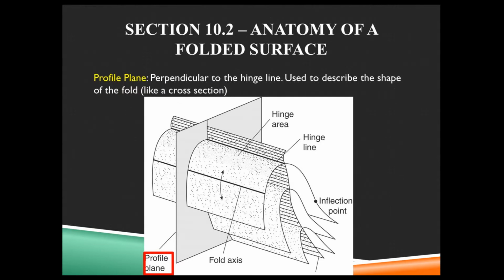And it gives you the cross-sectional shape of your fold. So we have a profile plane drawn right there. However, right at this edge where you see all these lines and labels and so forth, basically there was another profile plane, and we just removed what was in front of it so that you could see this. Now you can see the shape of the fold. That's what the profile plane is for.